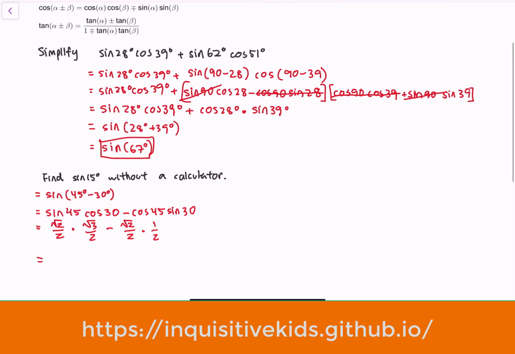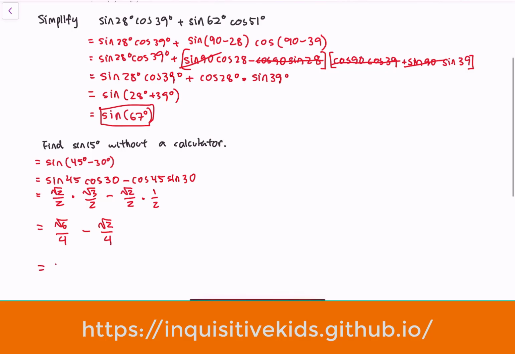Let's simplify. We have square root of 6 over 4 minus square root of 2 over 4. So square root of 6 minus square root of 2, all of that over 4. And this is our answer.